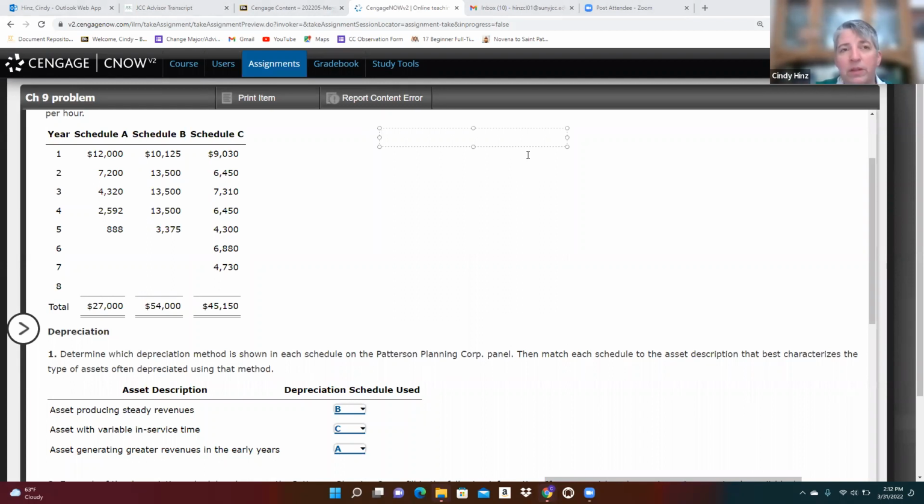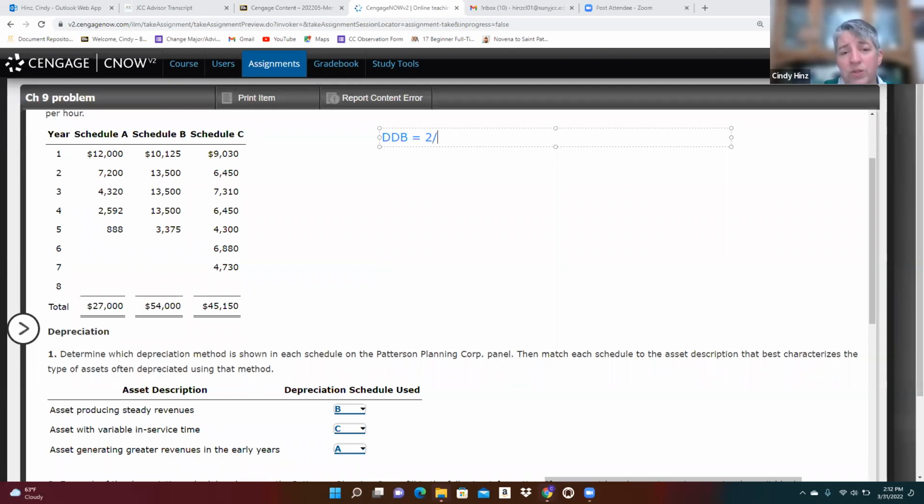And remember, these formulas are in the reference materials folder for chapter 9 in Blackboard. So you can find them there, but I'm just going to put the relevant one here on the screen. So for double declining balance, the formula that I use, it's what I put in Blackboard. Mathematically, it's the same as what's in the book, but I just put it together a little bit differently.